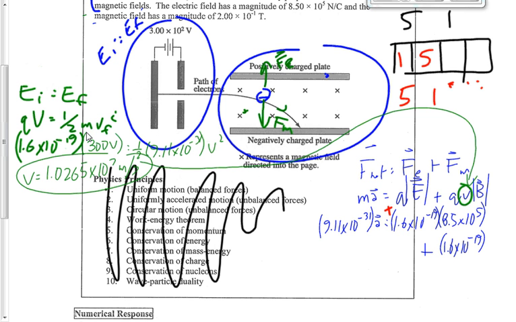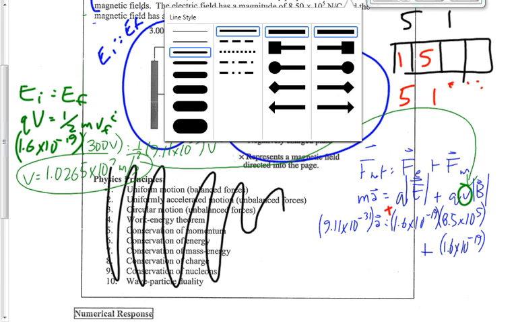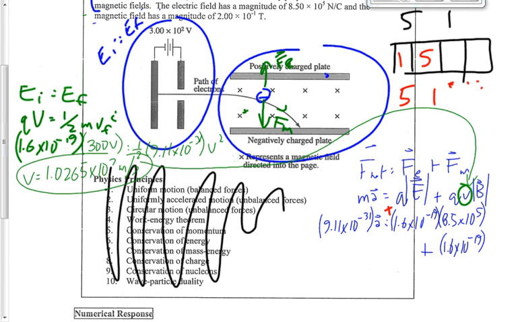Now I'm going to put your piece aside. We multiply that by B, the magnetic field, which is 0.26.